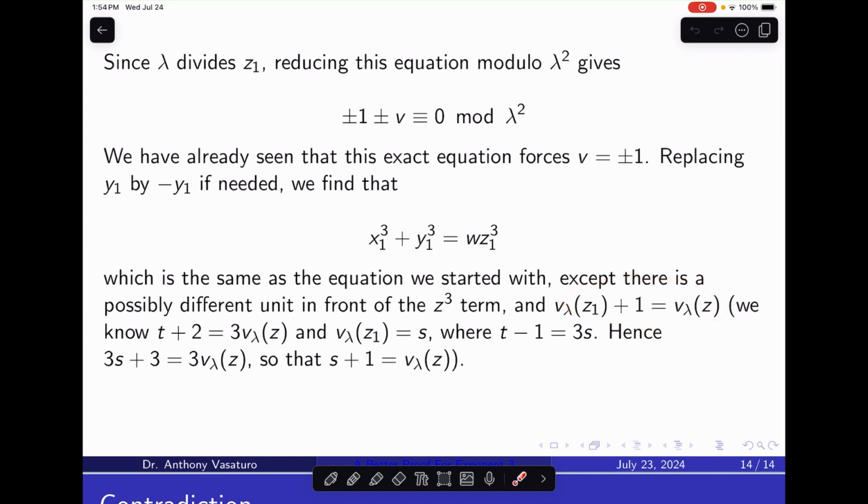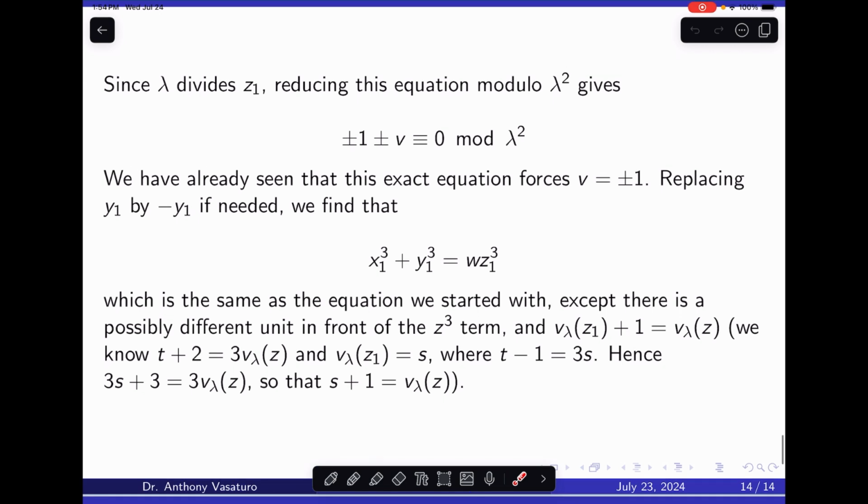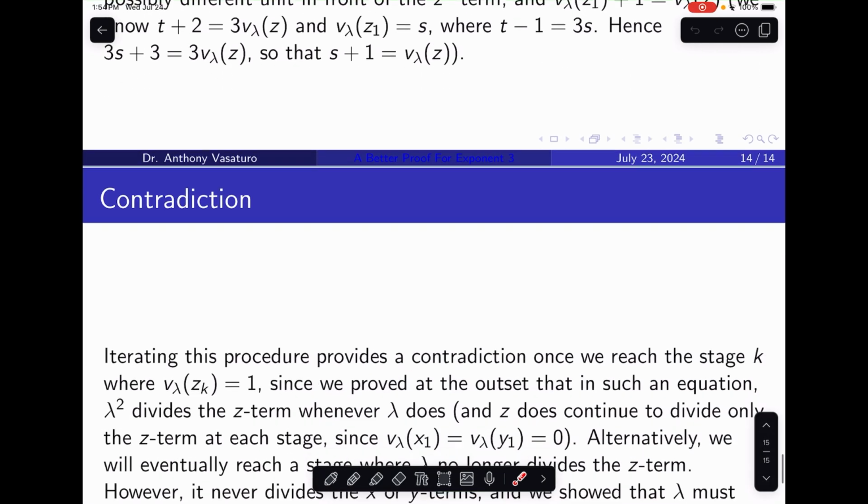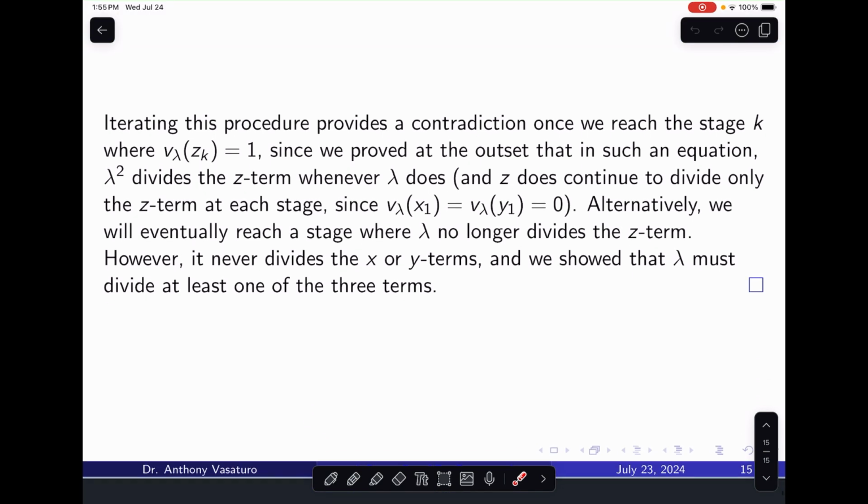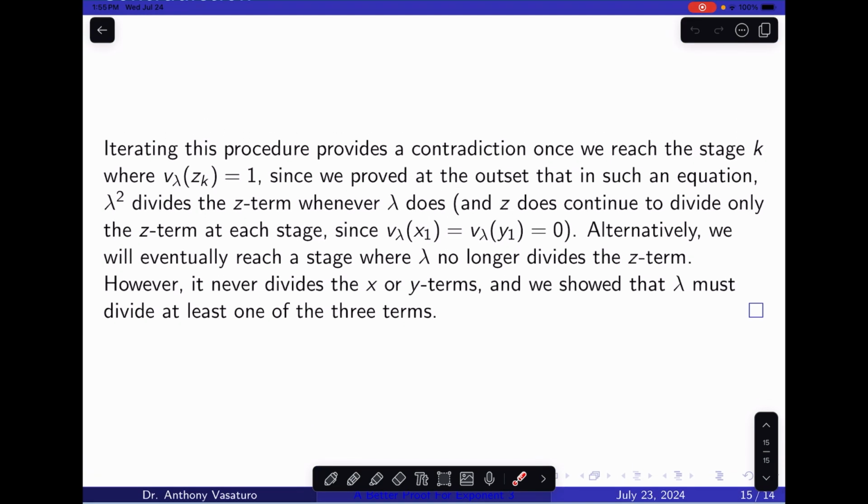In other words, assuming there's a non-trivial solution to the Fermat equation over R, we can produce a new non-trivial solution whose z component has lambda-adic valuation exactly 1 less than the lambda-adic valuation of the z component we started with. That's a contradiction by infinite descent. There are 2 ways to view this.